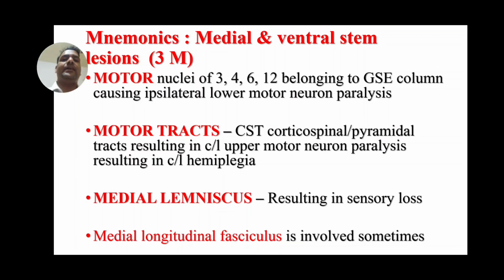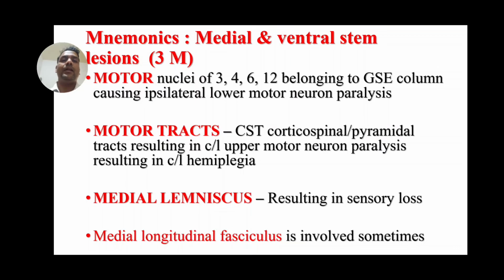Medial lemniscus, which carries the fibers from the posterior columns, results in sensory loss of touch, pressure, vibration. Sometimes even the medial longitudinal fasciculus is involved. So remember the ventral and median lesions of the brainstem involve motor nuclei, motor tracts and medial lemniscus, resulting in appropriate symptoms and signs.